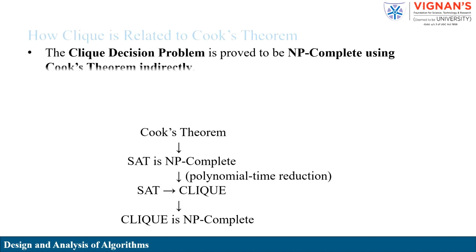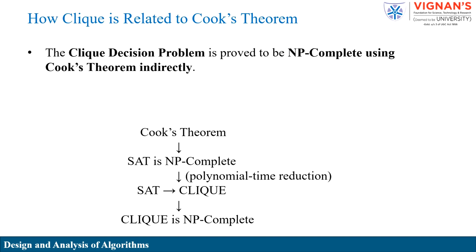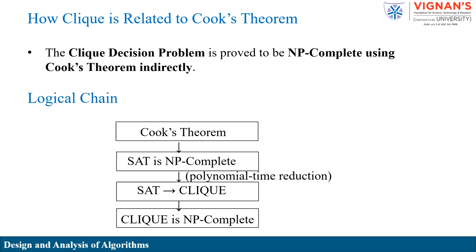How is Clique related to Cook's theorem? The Clique decision problem is proved to be NP-complete using Cook's theorem indirectly. Now, let's look at the logical chain. First, Cook's theorem establishes that the Boolean satisfiability problem, also known as SAT, is NP-complete. Next, there exists a polynomial time reduction from SAT to Clique.